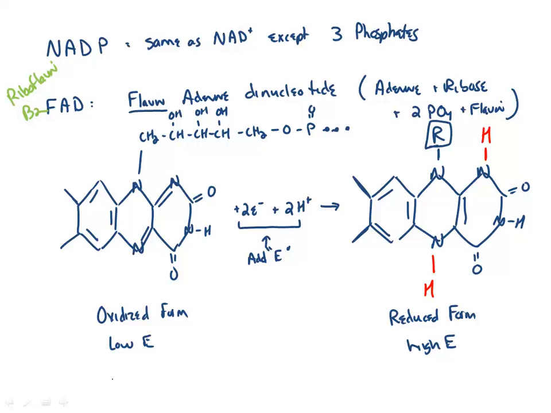So if we were to write this in letters, what we would have written is simply FAD plus 2 electrons plus 2H+ goes to FADH2. And if we do our double arrows, that's a reduction reaction on top and an oxidation reaction on the bottom.